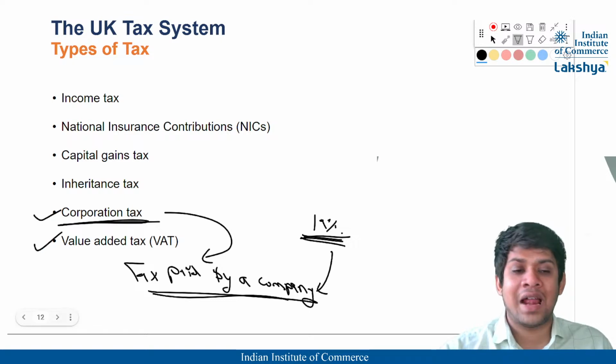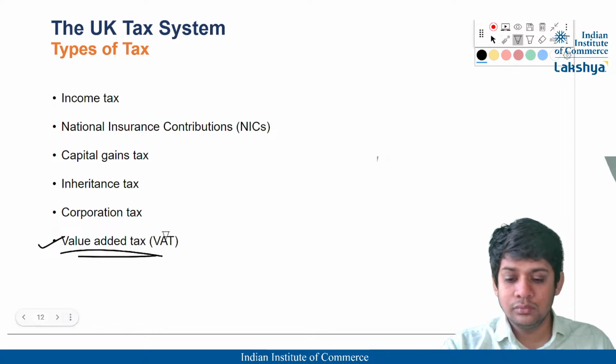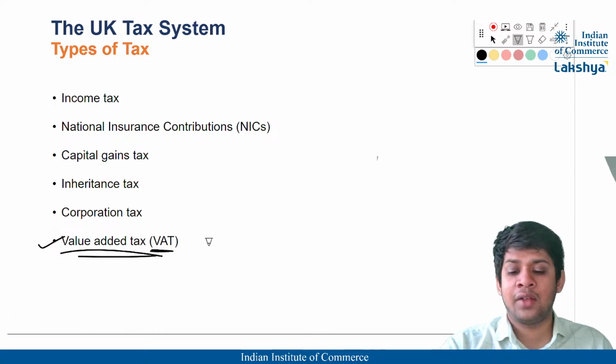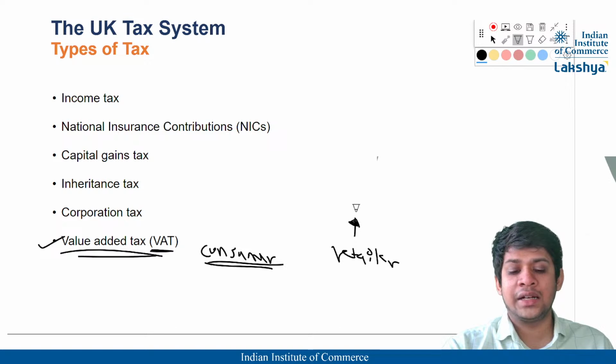Okay, and lastly, the value added tax, guys. What is value added tax? Shortly known as VAT. Whenever I purchase certain commodities as a consumer, okay, there is a retailer, I am the consumer. Retailers want to sell that commodity at 100 pounds to me.